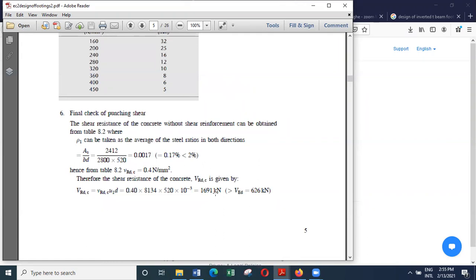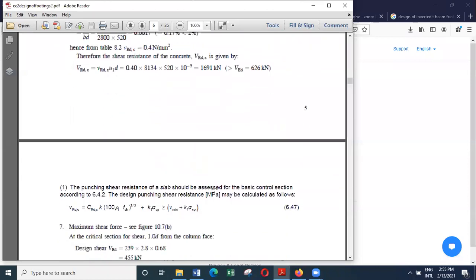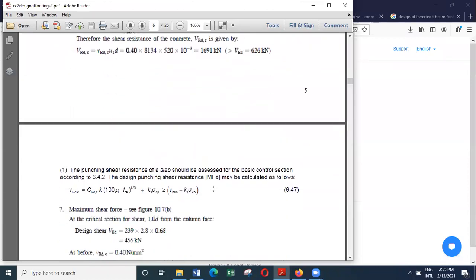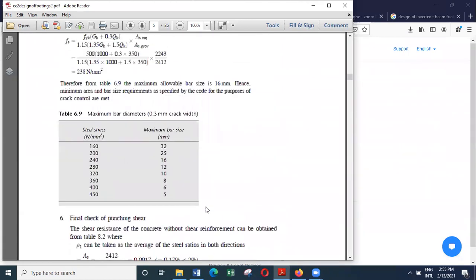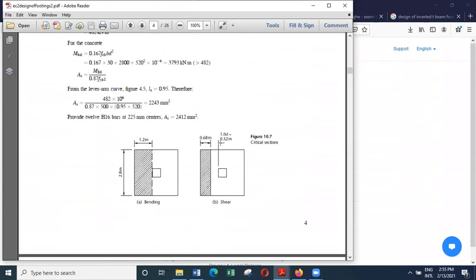So what this shows is there's no chance of punching shear failure, and because of that, this is okay. Then we have to check for direct shear, and the direct shear is checked an effective depth away from the face of the column. An effective depth away from the face of the column is 0.52 meters away, and this is 1.2 meters.